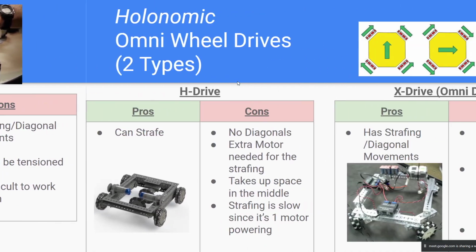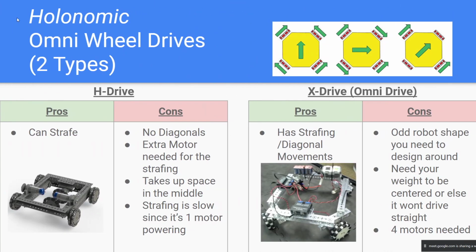So yeah. Now we're moving on to the holonomic drives, and this is where things get a little more complex. But there's a lot of benefits with holonomic drives. As I said before, you could strafe left and right and move diagonally. So this is called an omni-wheel drive. However, there are 2 types. This is called an H drive.